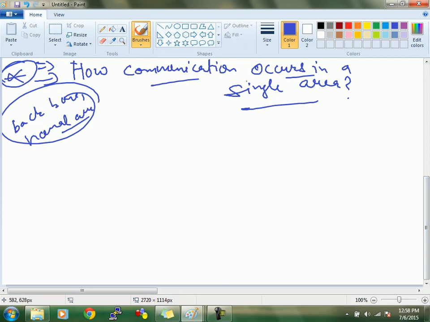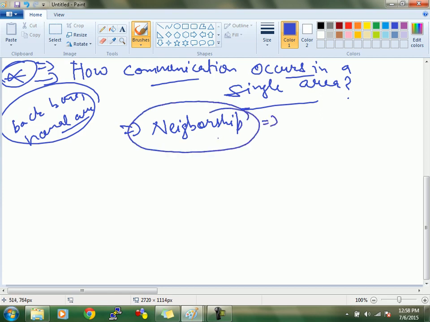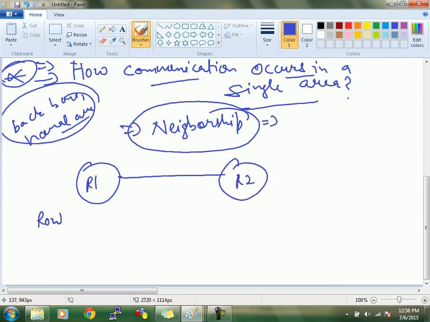Now, to make communication possible between two routers, first thing that comes in my mind is neighborship. Fine. How will two routers become neighbors? This thing is clear. So I will take example R1, R2. I will write here router OSPF 1. 1 is the process ID.